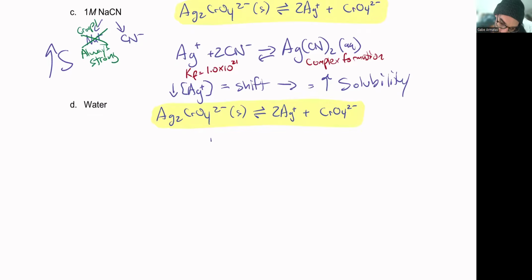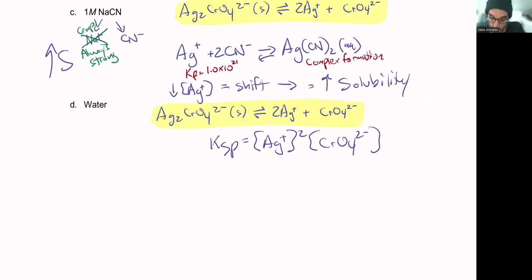So my Ksp here is the concentration of silver ions squared times the concentration of chromate ions. When I'm adding water, let's not just screw around here. Let's add a ton of water. Let's double the amount of water. Really, what we're doing when you add water is diluting.